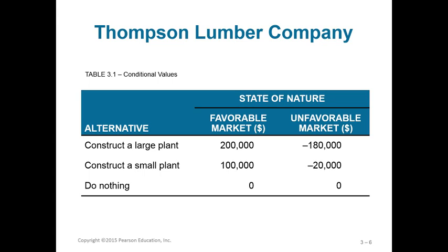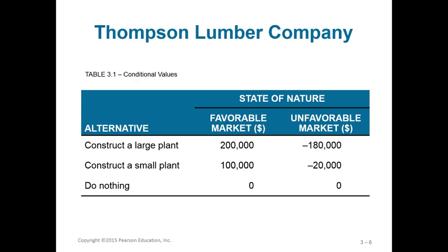They have calculated that under a favorable market, they would probably make another $200,000 in profit if they went with a large plant. If they went with a small plant, they'd probably make an extra $100,000. So it would still be an increase in profit over doing nothing, but not as much as if they had gone with a large plant in a favorable market.